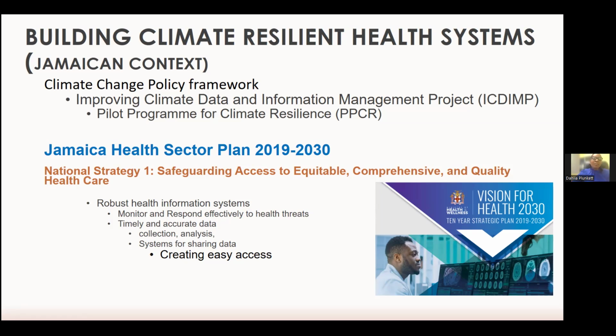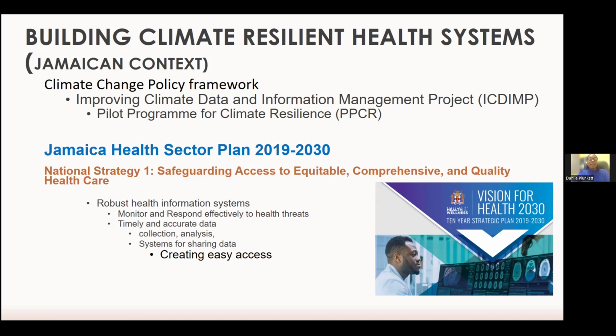This has several strategies, but National Strategy 1 and 2 also speak to data availability and access. And Strategy 1 speaks to safeguarding access to equitable, comprehensive, and quality health care. Under this particular strategy, the emphasis is on robust health information systems, so that we are able to monitor and respond effectively to health threats.